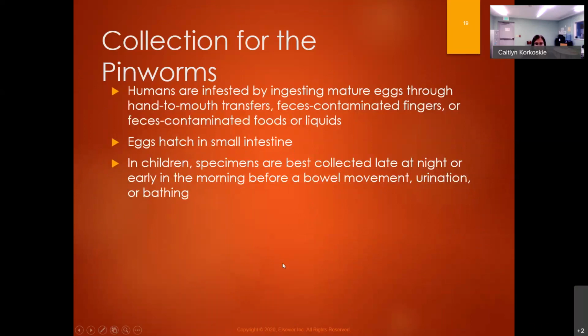Okay, so collection for pinworms. Someone who is infested usually ingested an egg through hand to mouth transfer. This is the most common way for this to be passed, unfortunately. Say someone goes to the bathroom and then they don't fully wash their hands.